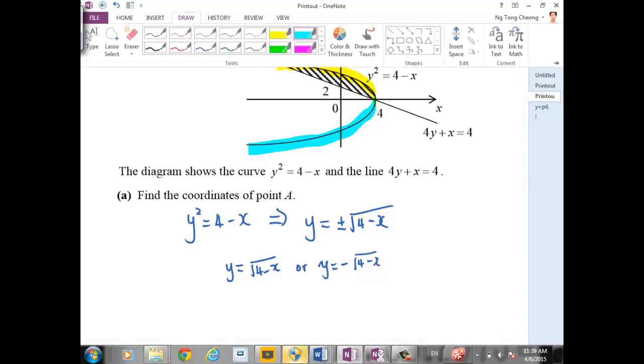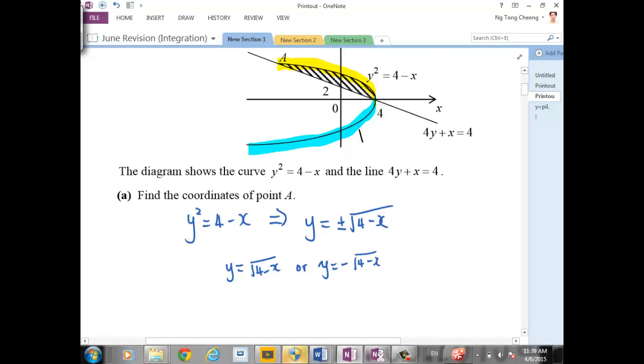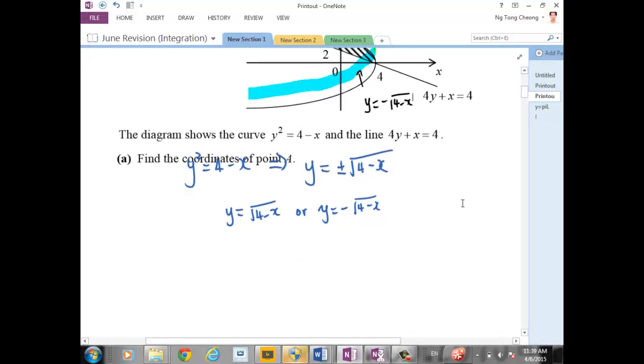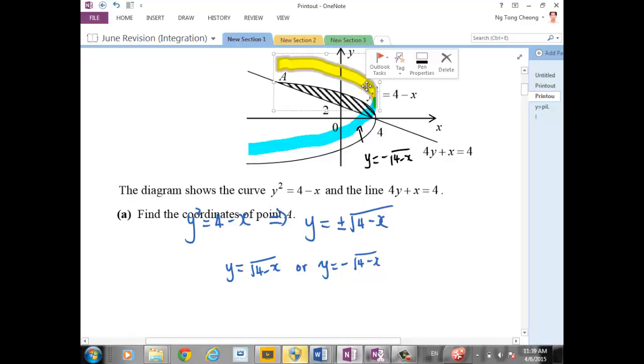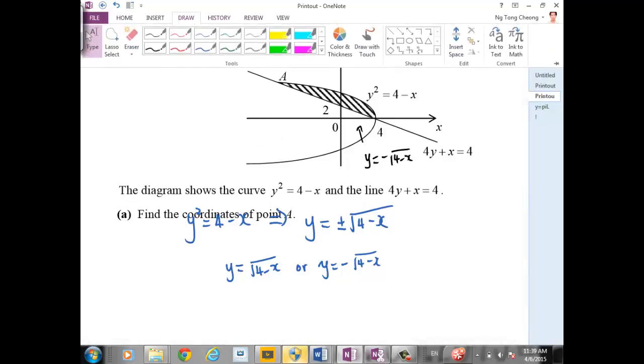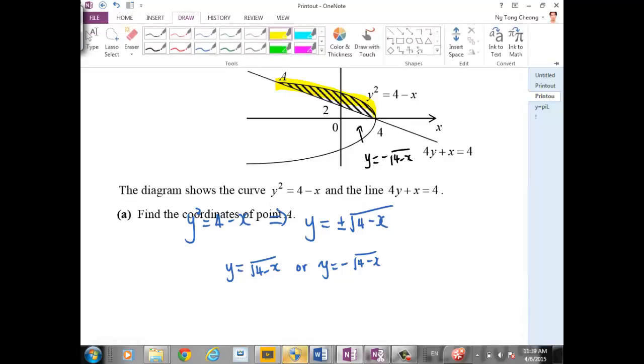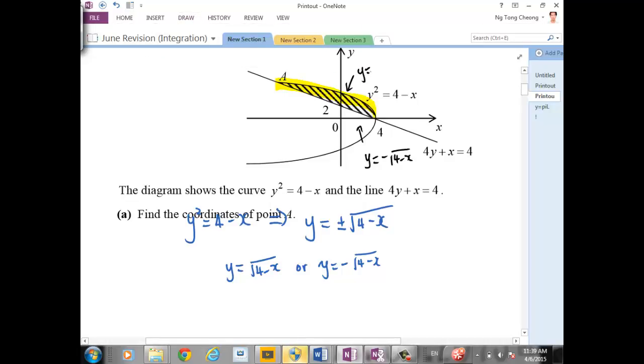So this is one thing that you need to recognize first. So that's why you have two equations.